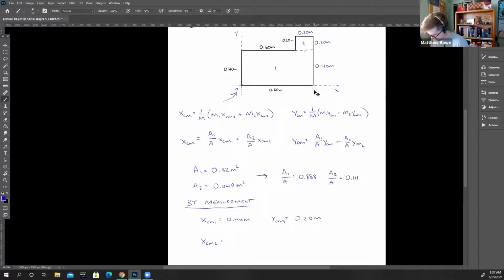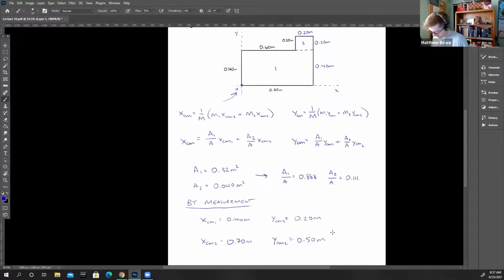And I have to remember that it is this height from the origin that I've labeled in the beginning. So let's write that out. It's going to be 0.7 meters horizontally, and 0.50 meters vertically.